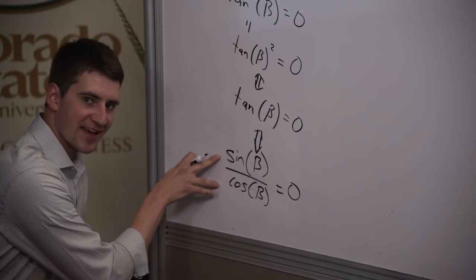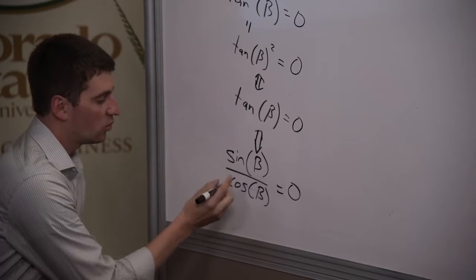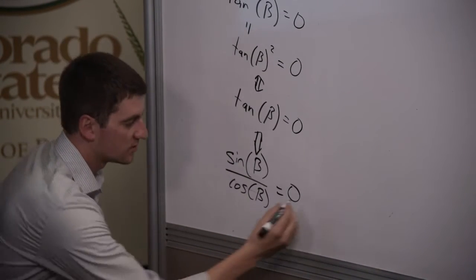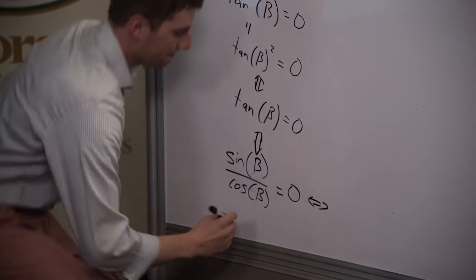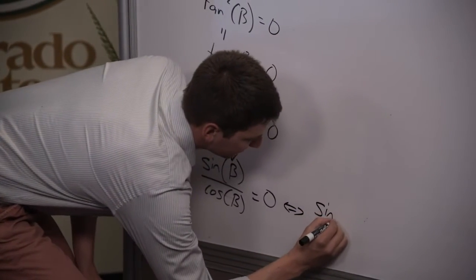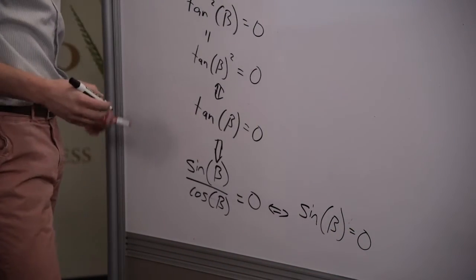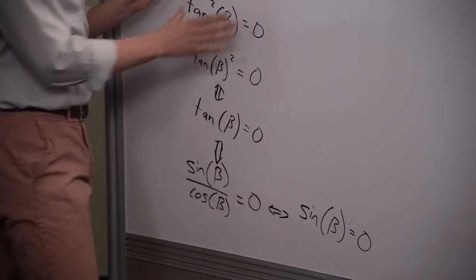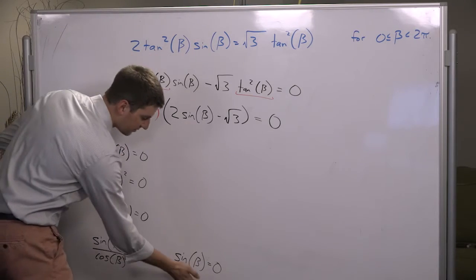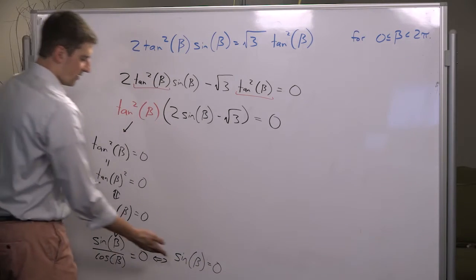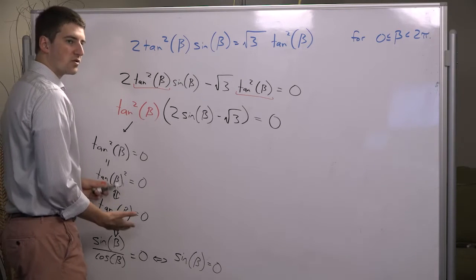So lastly, when is a fraction equal to 0? Well, only when the top is 0. So our final spot is that we're looking for sine of beta to be equal to 0. So one possible solution is when sine of beta is equal to 0. And let's use the unit circle to figure out what those solutions are.